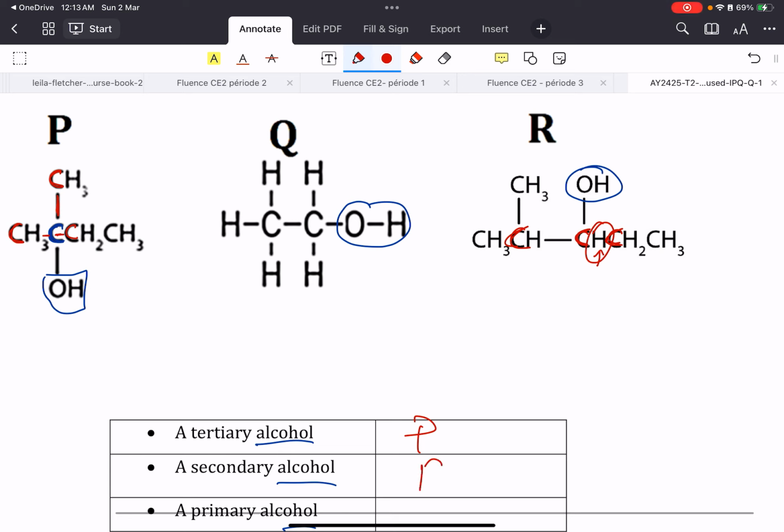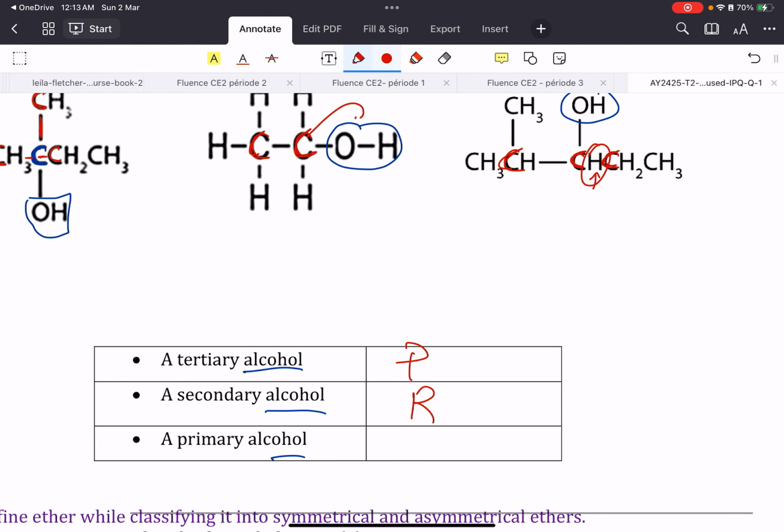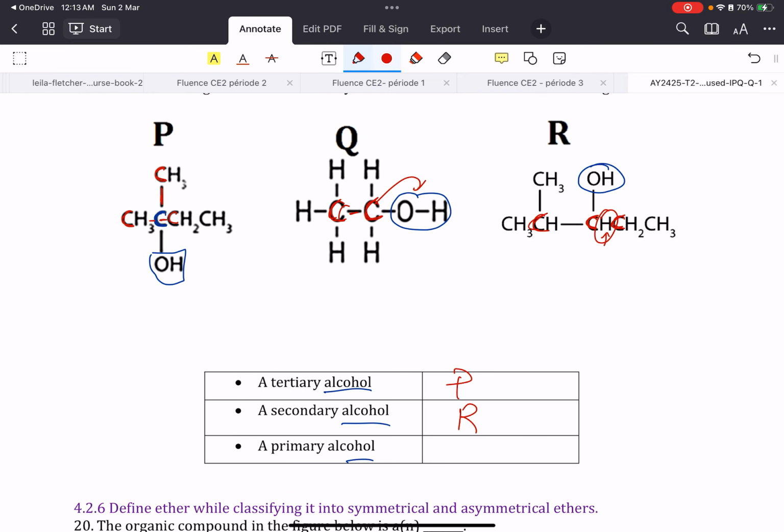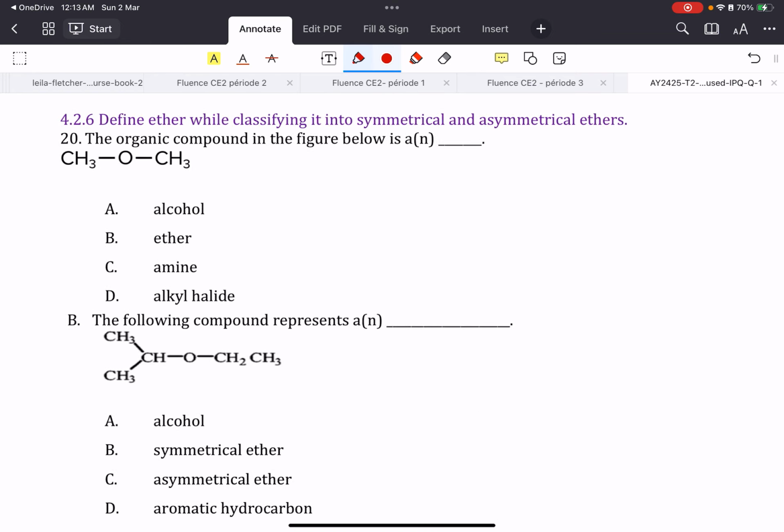So secondary is R. Now if the carbon holding the OH is bonded to 1 carbon only, it is primary. Or you can count the hydrogens on it. Here I'm counting 2 hydrogens, so you say primary.